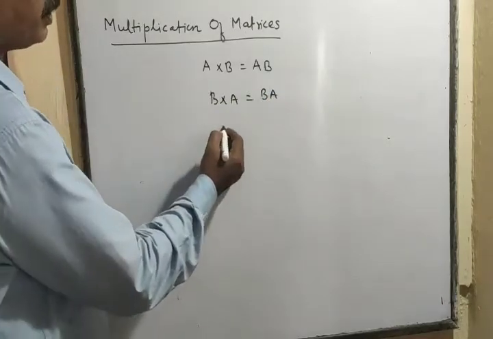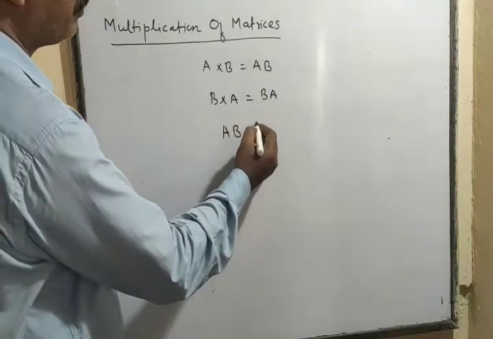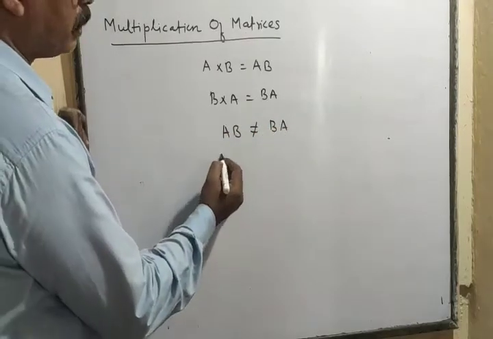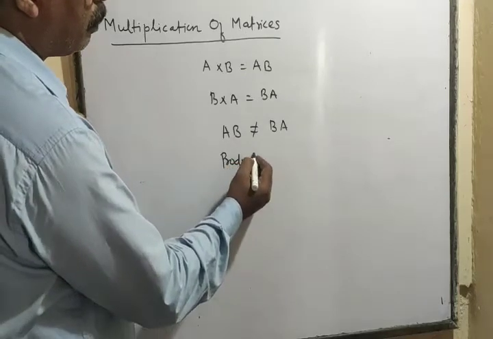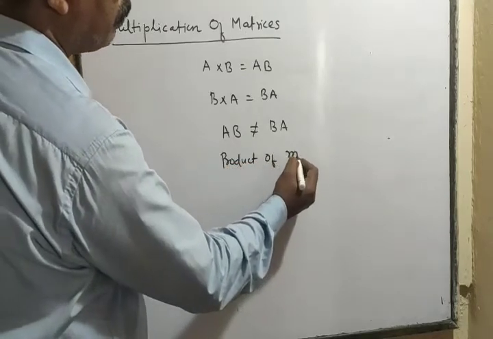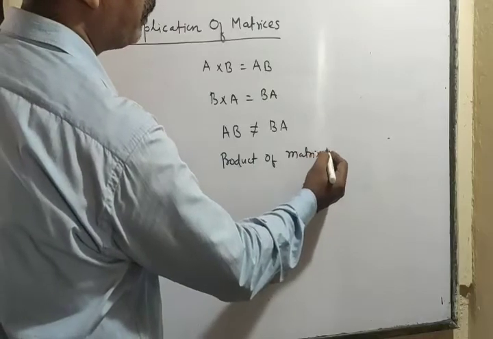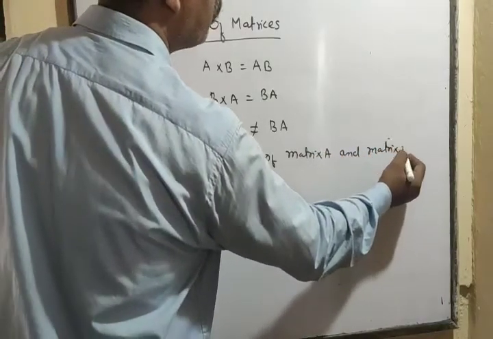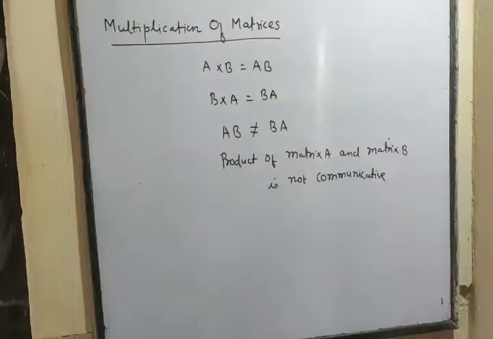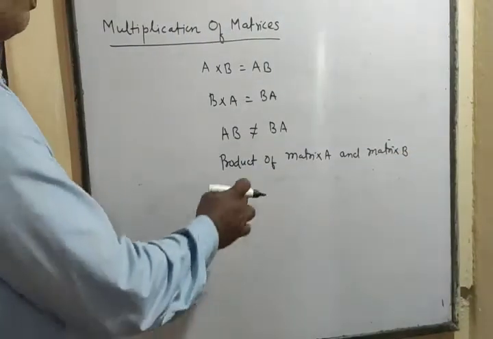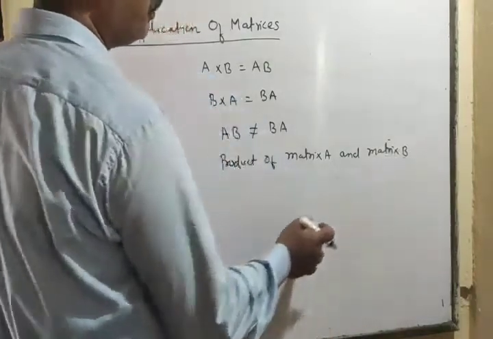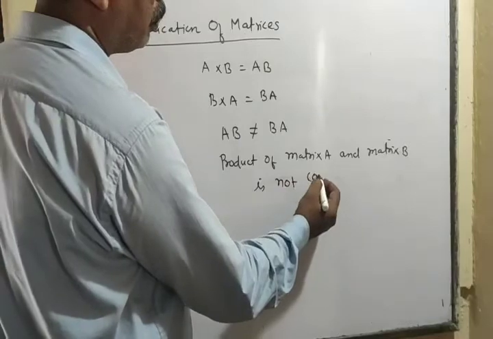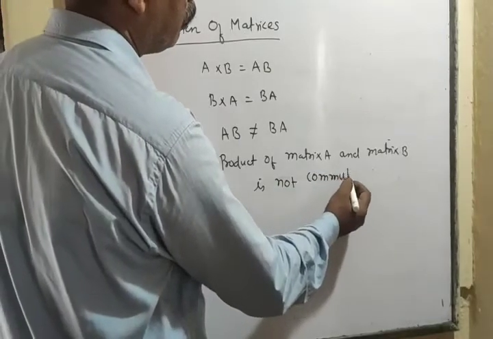Be careful that AB cannot be equal to B into A. This means that the product of matrix A and matrix B is not commutative.